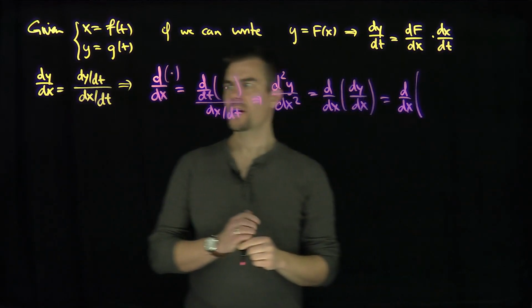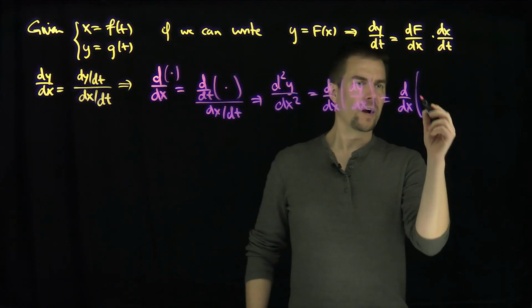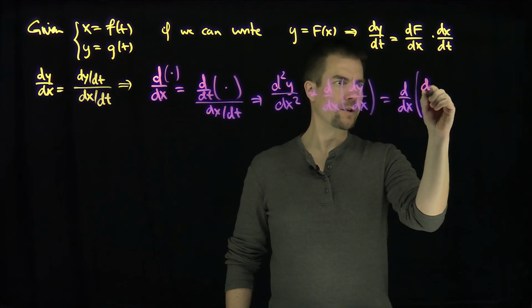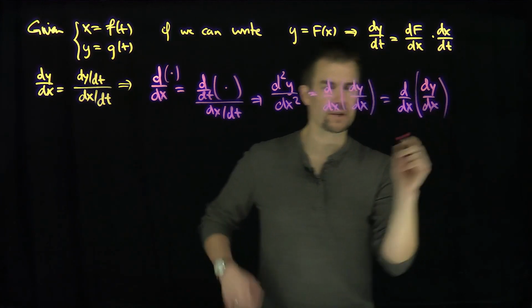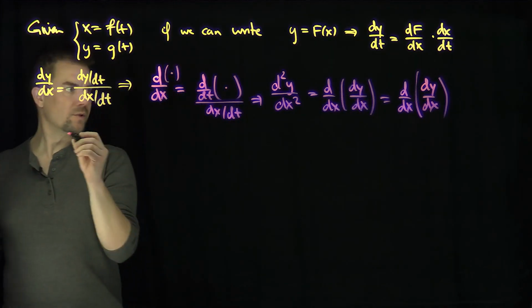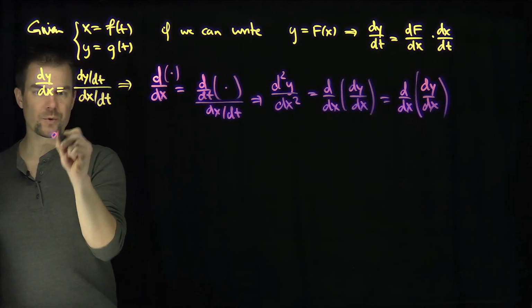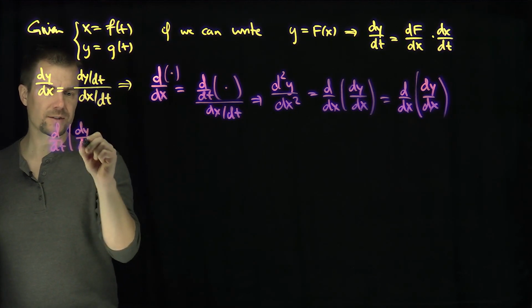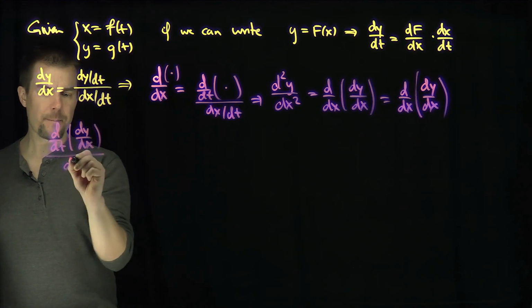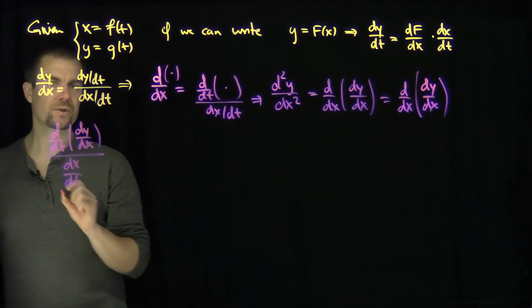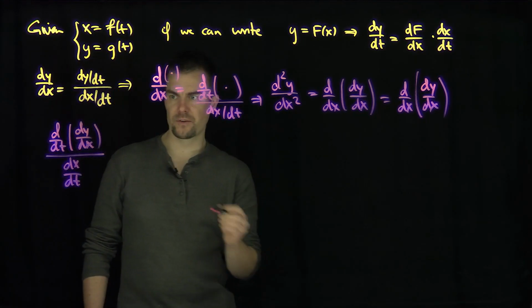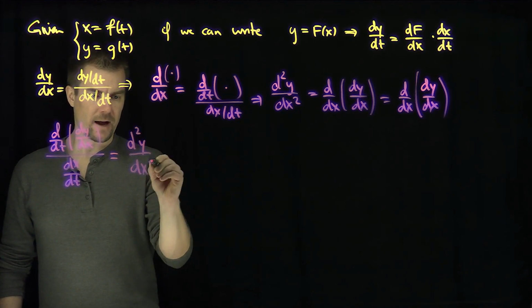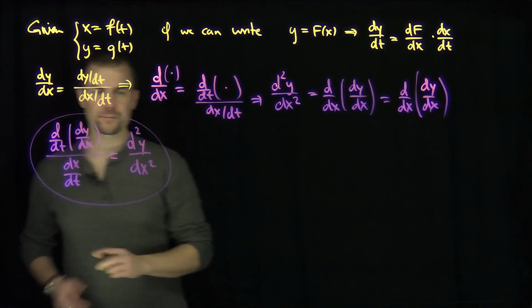Now what is dy dx? dy dx is going to be dy dt over dx dt. And now this is the same thing as doing a t derivative of dy dx, which is a function of t, and dividing that by dx dt. So there's our result for the second x derivative, d squared y dx squared.